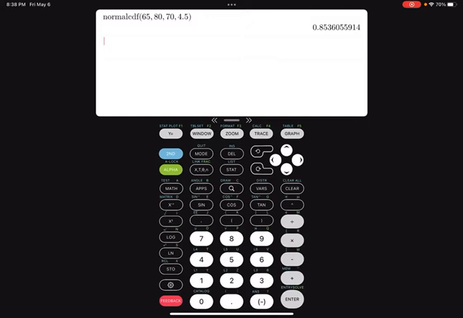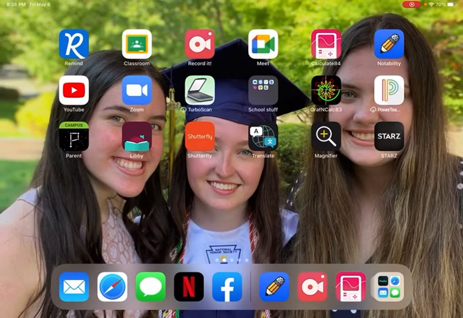So I get, see how I got 0.8536. No, I got a problem because that's not what I got on my paper. You should get 0.6585. And I'm not sure why it's not giving me what I want. I'm just looking at the numbers that I have in there. I don't know why it's not working. All right, but if you're doing this on a regular graphing calculator, that's what you'll get. Not that. So let me just go back.